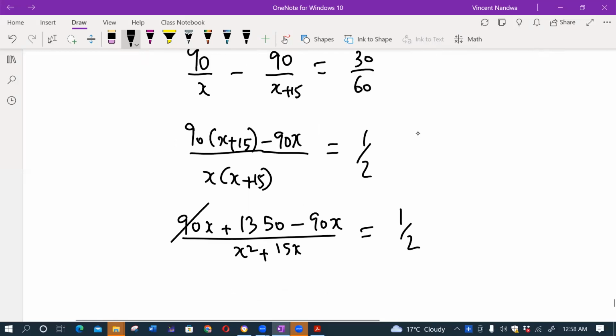So this and this cancel out, and we have 1350 times 2 equals x squared plus 15x. When you multiply 1350 by 2, you get 2700.